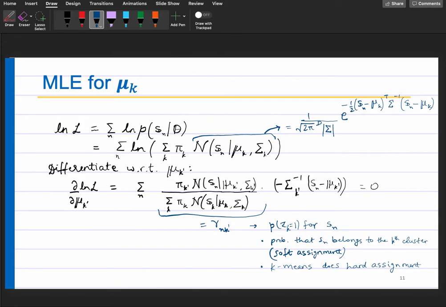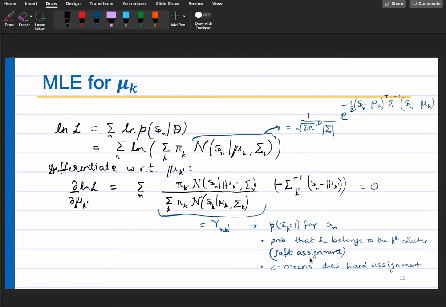My gamma nk is a soft assignment. Earlier we saw the hard assignment in k-means clustering, but this is a soft assignment. Okay, so this is something like the probability of zk equal to 1 for this sample n. So this is like the probability that Sn belongs to the kth cluster, soft assignment. K-means did the hard assignment.